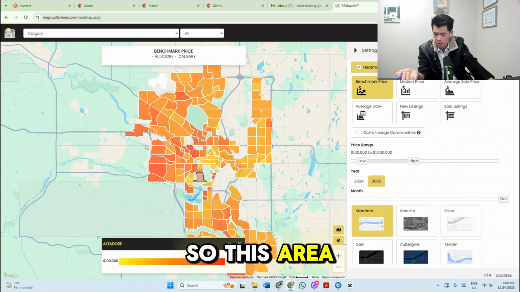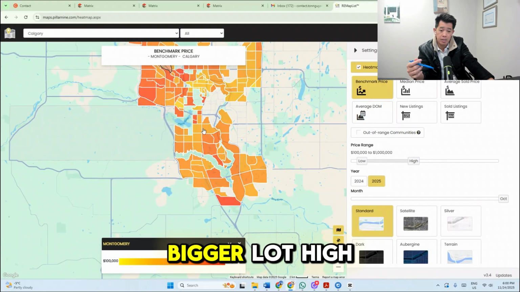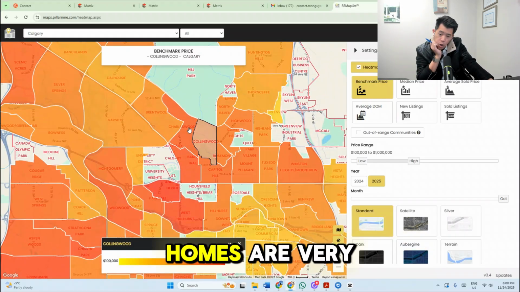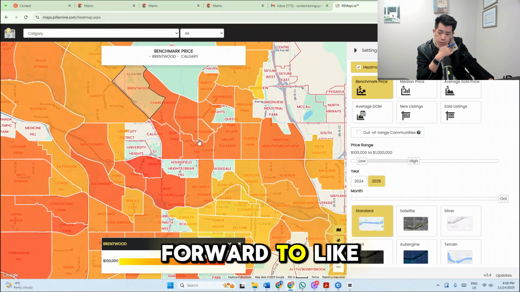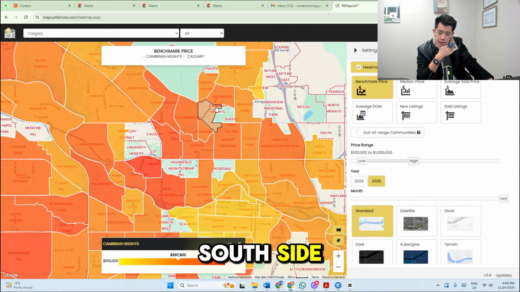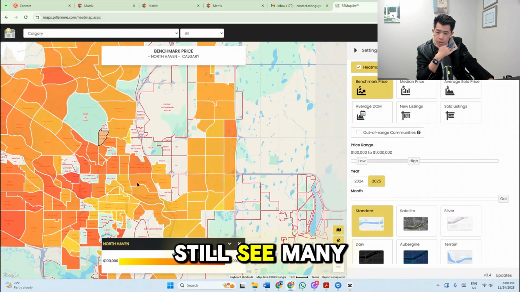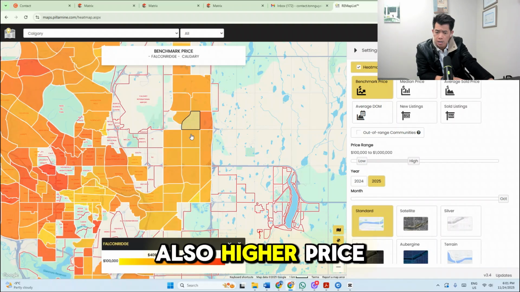This area often has higher credit scores, very expensive here, bigger lots, higher income households. Homes are very nice. So as you move forward to the south side or some part of the city center over here, you still see many darker orange areas. So these are also higher price communities.